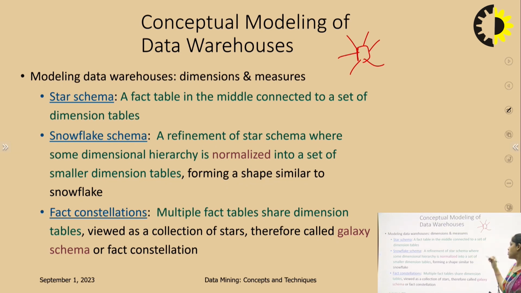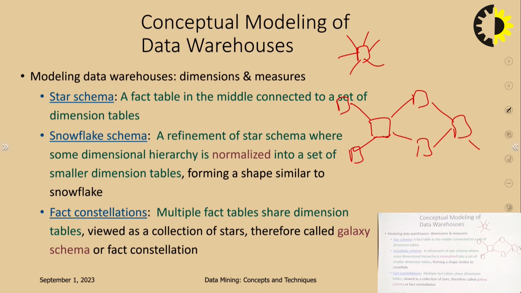In snowflake schema, it is somewhat like this. And in this fact constellation, it is much more complex in upward direction and downward direction.